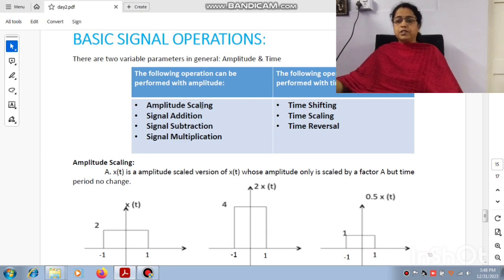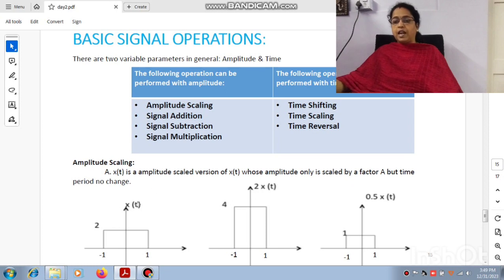So what is amplitude scaling? Here it is given with the help of one example. In amplitude scaling, we are not going to perform any operation on the x-axis. All the operations will be performed on the y-axis. So here x of t, a basic signal, is taken, which is from -1 to 1, and its amplitude is 2. Suppose now I want an amplitude scaled version of x of t, say 2x of t.